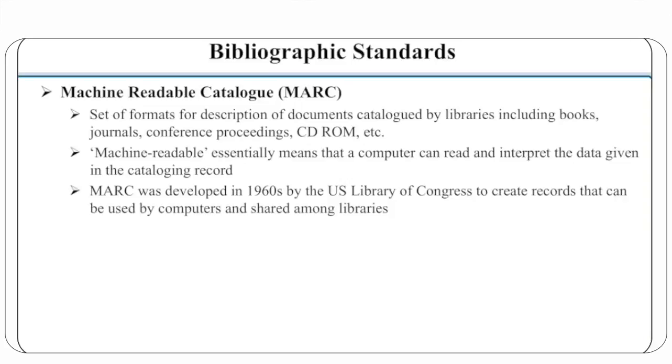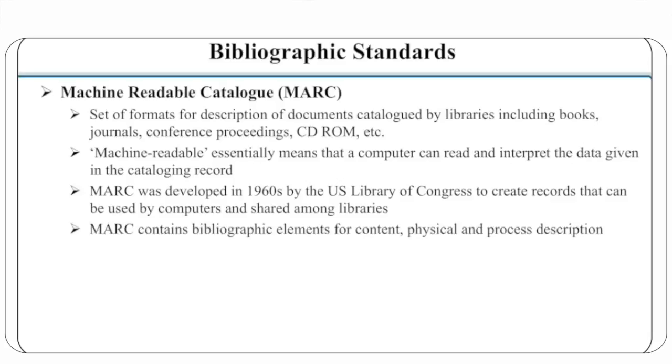Historically speaking, MARC was developed in the 1960s by the US Library of Congress to create records that can be used by computers and shared among libraries. MARC contains bibliographic elements for content, physical, and process description.